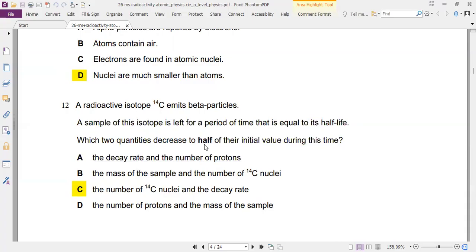What two quantities decrease to half? So the number of nuclei and the decay rate will decrease because when the number of nuclei are less, its decay rate also decreases.